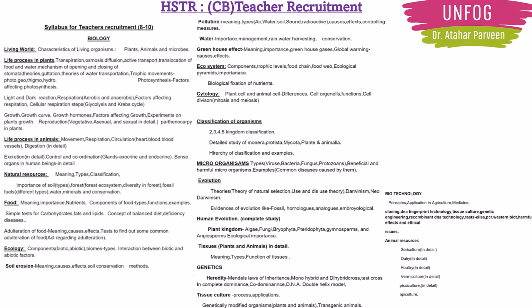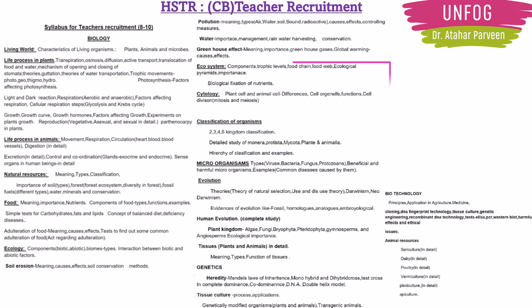This is a very general type of topic. Then there is the chapter on food, in which you have nutrients, simple tests for carbohydrates, fats and lipids, and adulteration. Then you have ecology, with general topics like soil erosion, pollution, water and greenhouse effect.